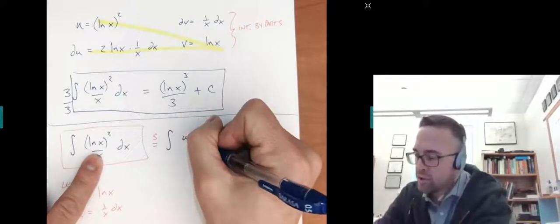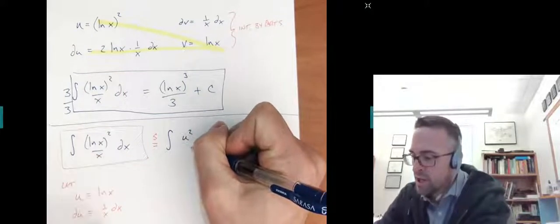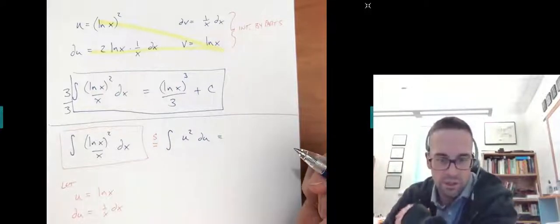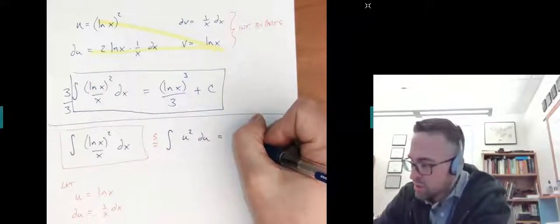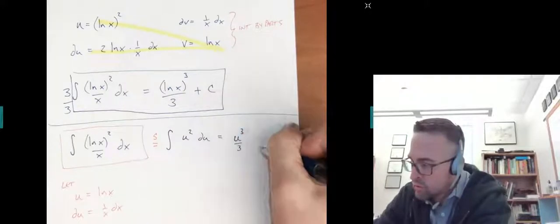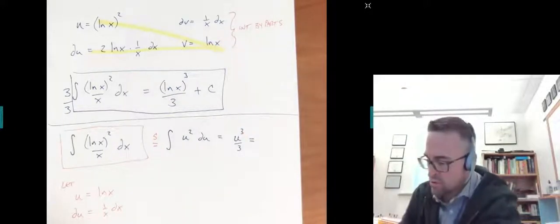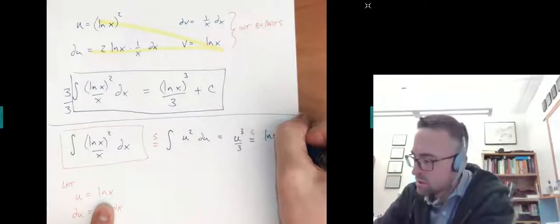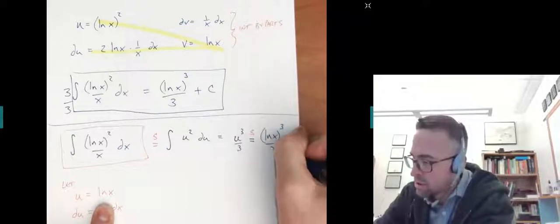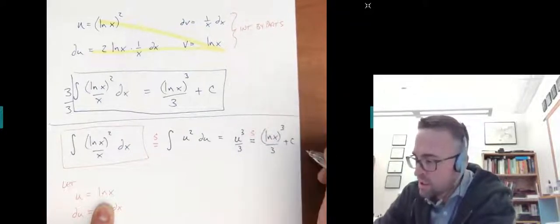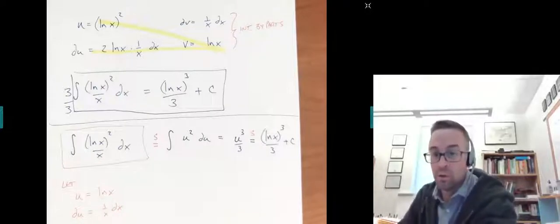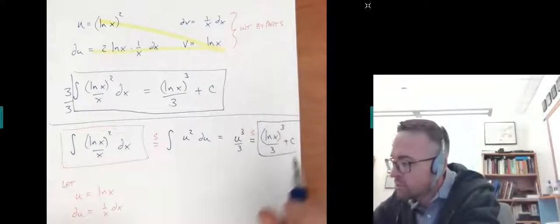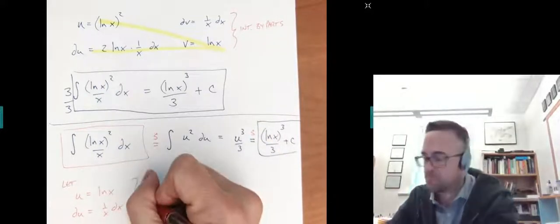I've got u squared, and then the 1 over x dx is du, and this one, very easy for us to find the antiderivative of, is u cubed over 3, and then I'll just substitute back in what u was all along, natural log of x cubed over 3, tack on the little plus c, and we'll notice that, well, we did it again, but with u substitution.